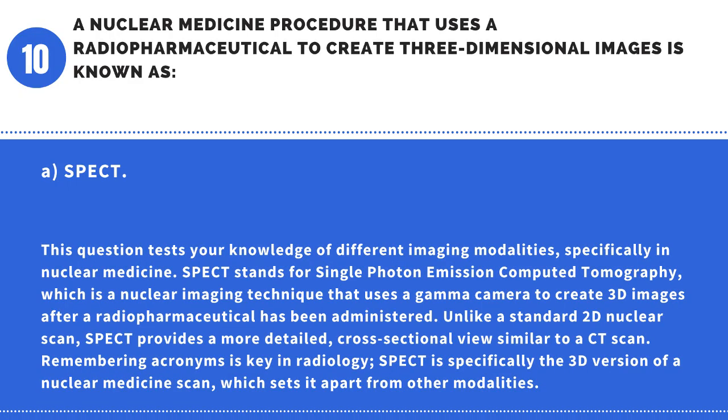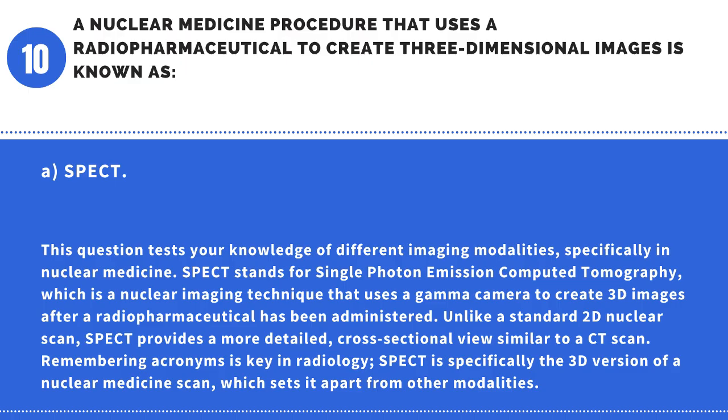This question tests your knowledge of different imaging modalities, specifically in nuclear medicine. SPECT stands for Single Photon Emission Computed Tomography, which is a nuclear imaging technique that uses a gamma camera to create 3D images after a radiopharmaceutical has been administered. Unlike a standard 2D nuclear scan, SPECT provides a more detailed, cross-sectional view similar to a CT scan.